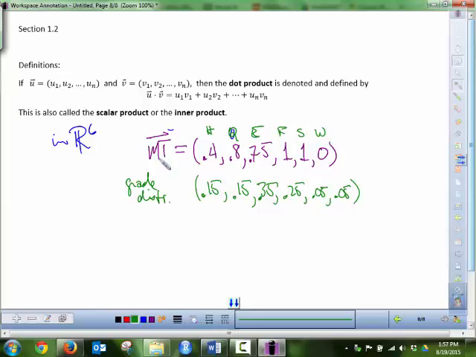Okay, so I have Maria's grade, and I have my grade distribution vector. To actually calculate her overall grade, I simply take the dot product.